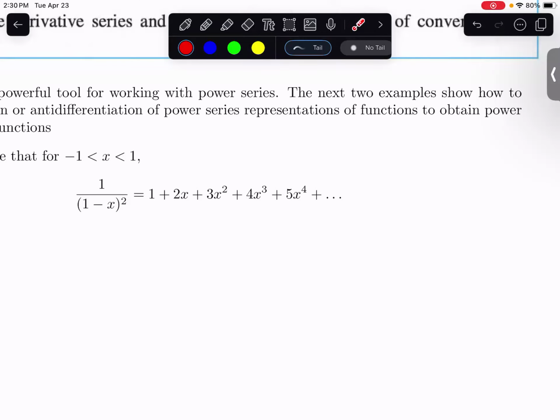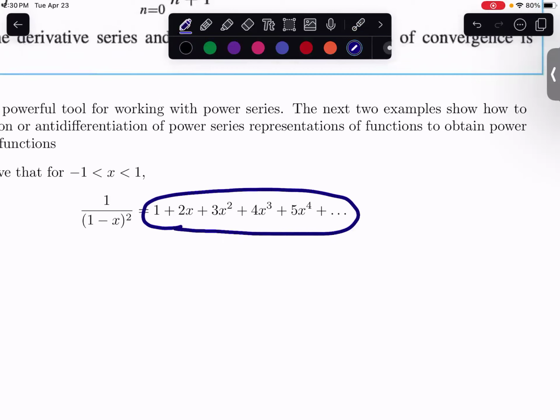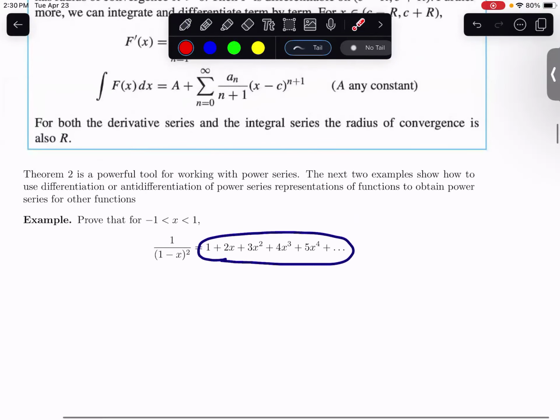How you can tell you should use the derivative here is you should be looking at this part of the series, right? They give you the terms term by term: 1 plus 2x plus 3x squared. And it looks kind of close to something that we've already been looking at. We've only looked at one explicit power series so far, or maybe two.